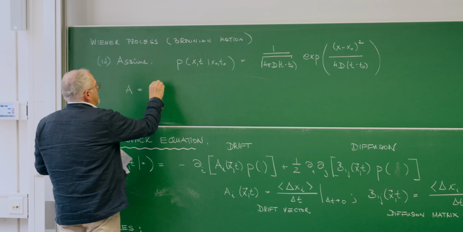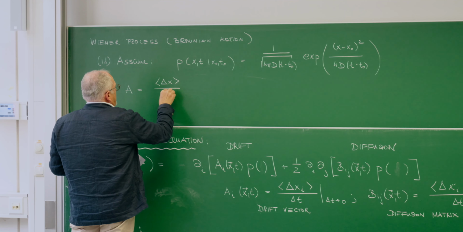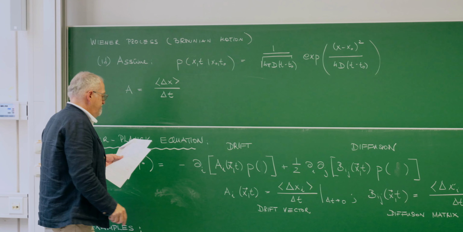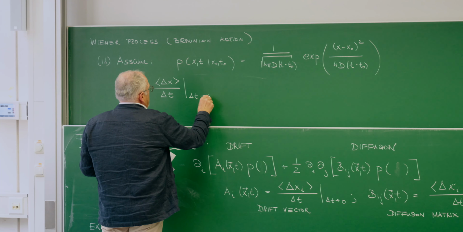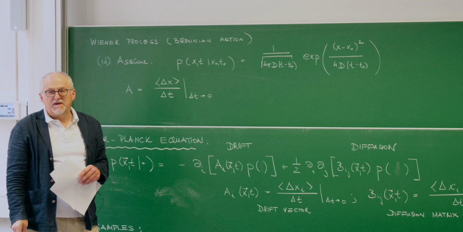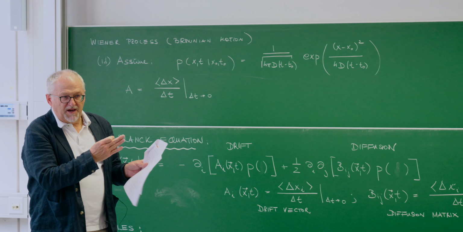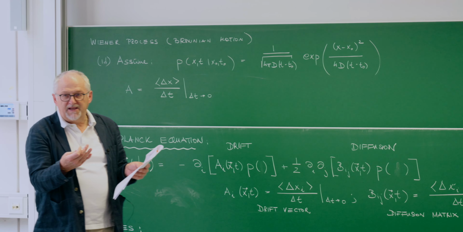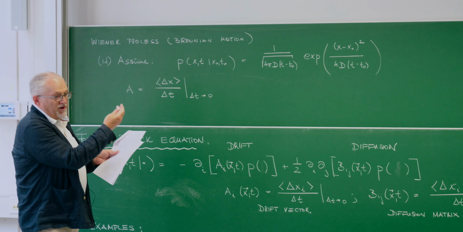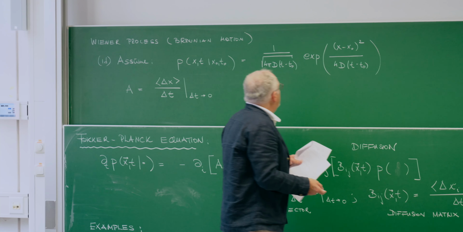So A is the average of delta x over delta t in the limit delta t going to 0. That's obvious here, right? There is no direction in a Gaussian distribution. Left moving and right moving is equally likely. So the Gaussian is centered around the origin or around x naught.